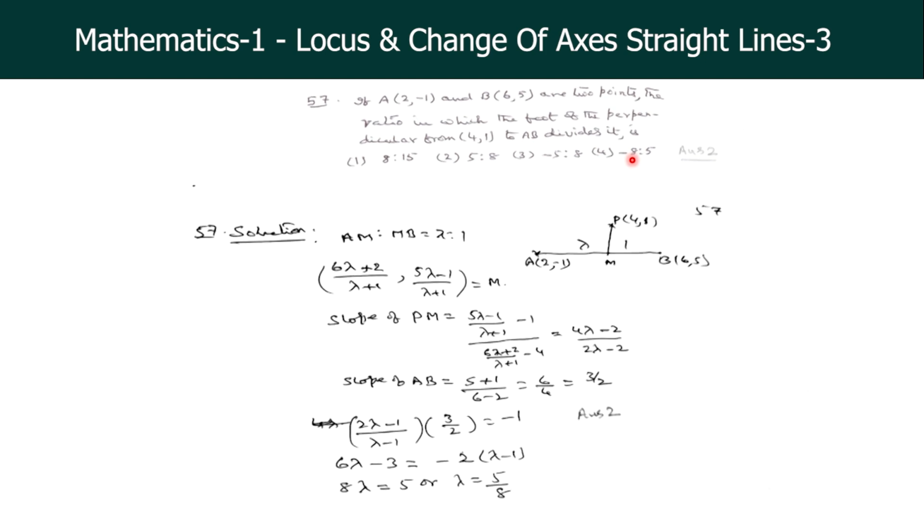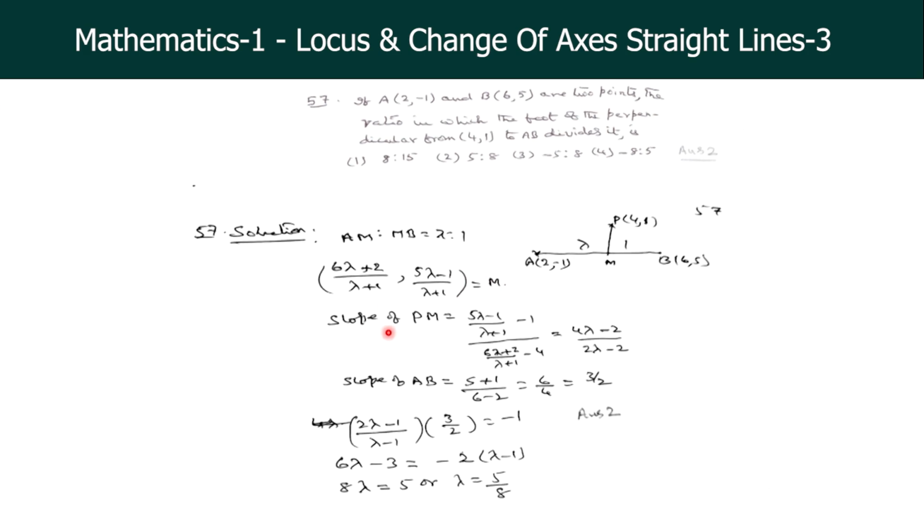Right. Suppose M is the foot of the perpendicular drawn from the point P(4, 1) onto the line AB. And suppose the ratio AM is to MB is equal to lambda is to 1. So therefore M is ((6 lambda plus 2) by (lambda plus 1), (5 lambda minus 1) by (lambda plus 1)).